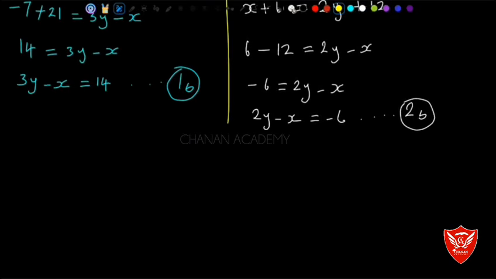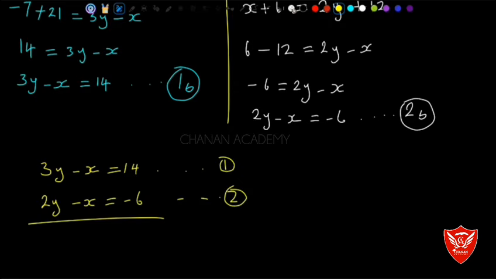So we have equation 1b is 3y minus x equal to 14, and equation 2b is 2y minus x equal to minus 6. At this point, you can use any of the methods we discussed earlier, but in this case I'll be using the elimination method. So this is equation 1 and this is equation 2. Let's use elimination method and we are going to subtract. Now 3y minus 2y, we are going to have y. Now look at this.